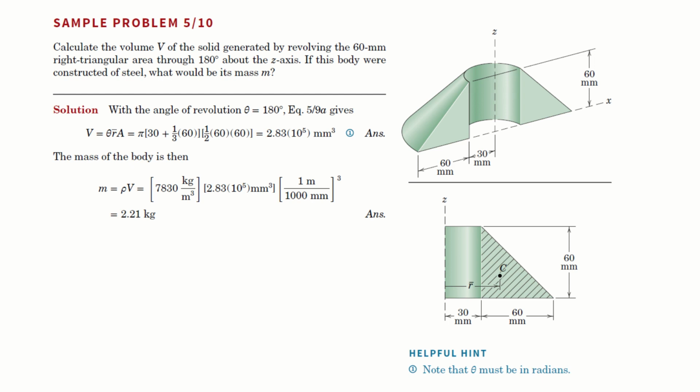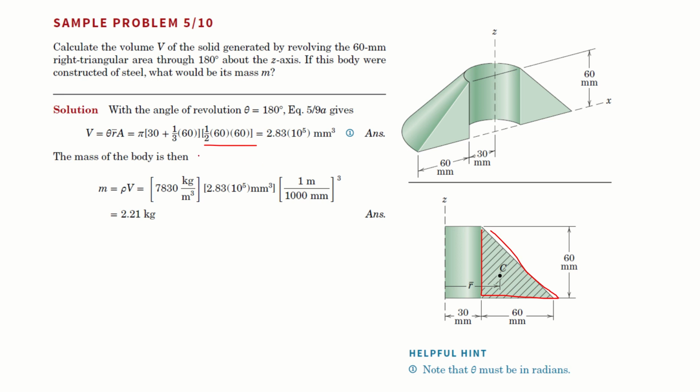So we have to find the centroid volume. So we need to know the area. The first thing we need is the area of this cross-sectional triangle. So we have found this area right here, half times 60 times 60 millimeters, that is half height times breadth.